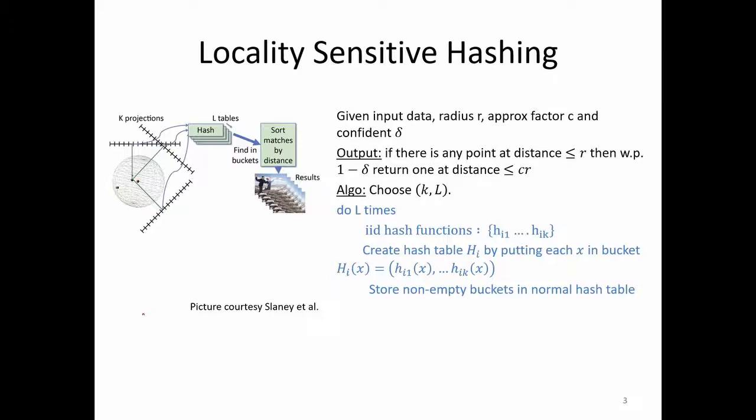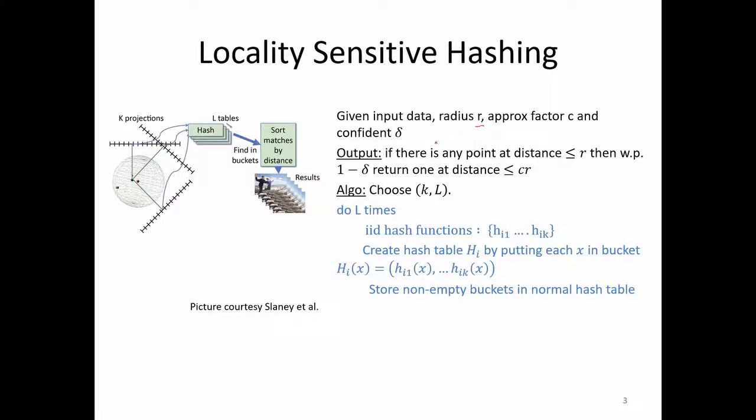So you have basically an input data set. Okay, so at the beginning, even before starting the application of the procedure, you have an input data set. Okay, and then you have some sort of a radius r.